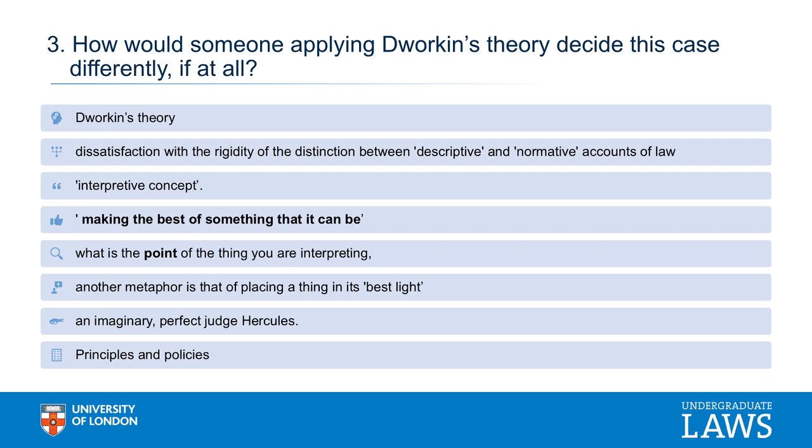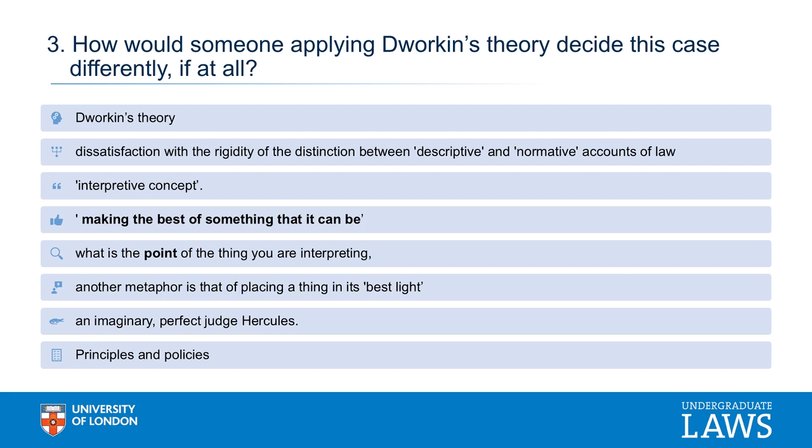For example, ask yourself, what is the point of the thing you're interpreting? The way you might ask yourself, what is the point of the prohibition of vehicles in the park in the course of producing a legal argument about roller skates? Or, in our example here, what is the point of defining mother in this context?